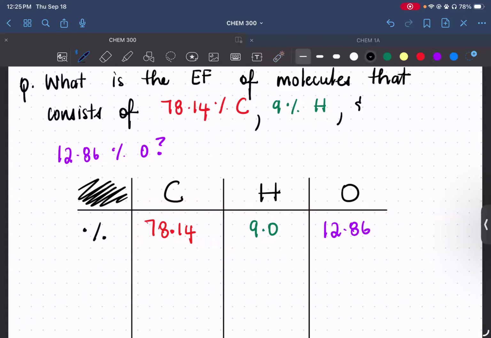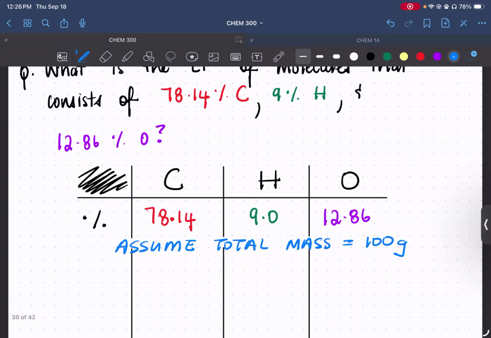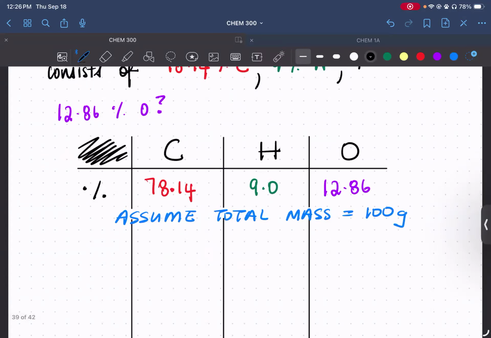With that, we can then assume that the total mass is 100 grams. If we make this assumption, we can then assume the masses of the individual atoms.